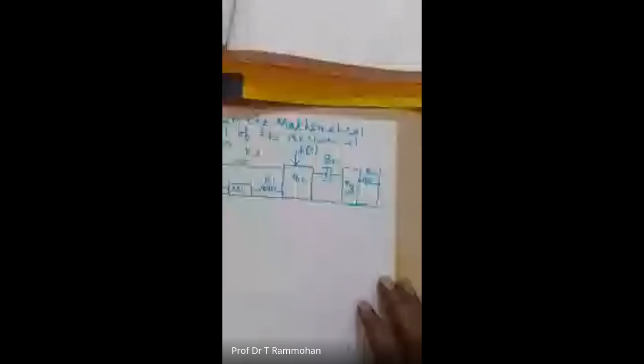Please listen to me. Whenever displacements are not given, the number of displacements is equal to the number of masses. For mass 1, the displacement is x1. For mass 2, the displacement is x2.